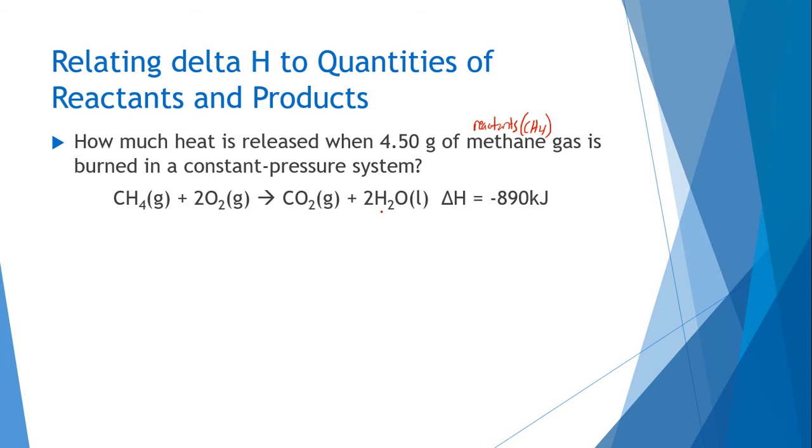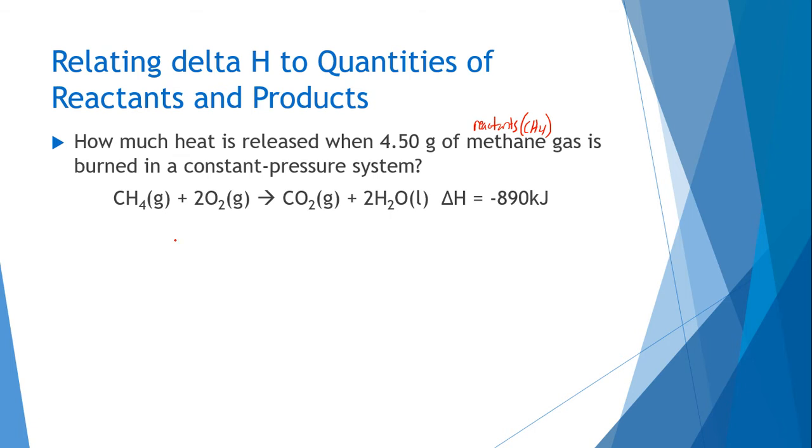If that reaction is the same as what's stated above, this sign is going to stay negative. If the reaction is opposite, this sign is going to change to be positive. So if instead it said how much heat is gained when 4.5 grams of methane is formed, then you would flip the sign here in order to do the math that we're going to do coming up.